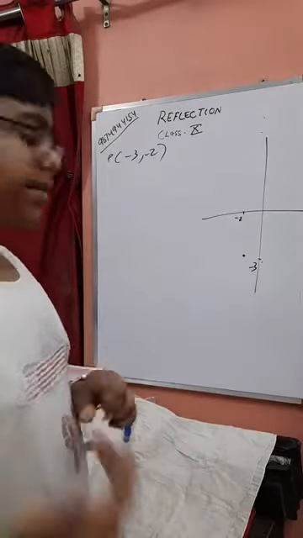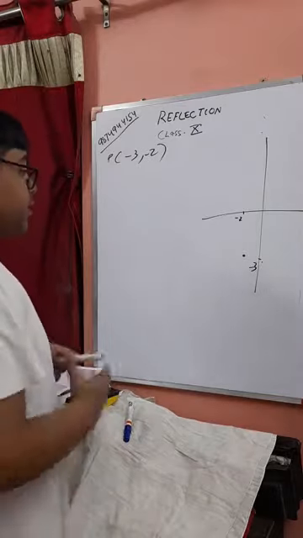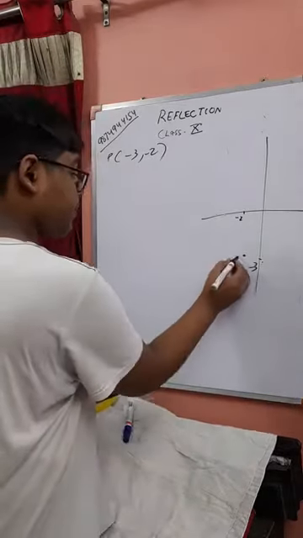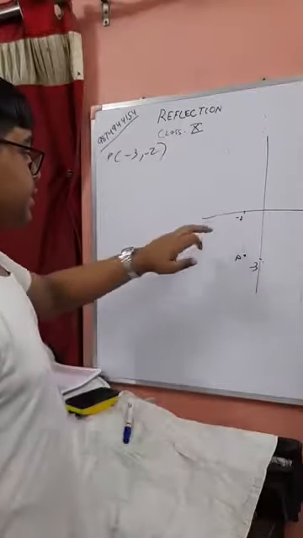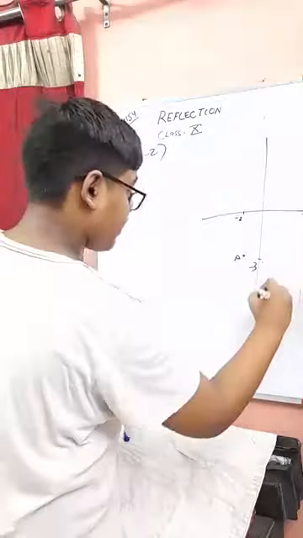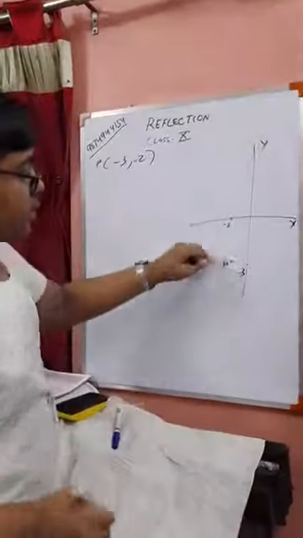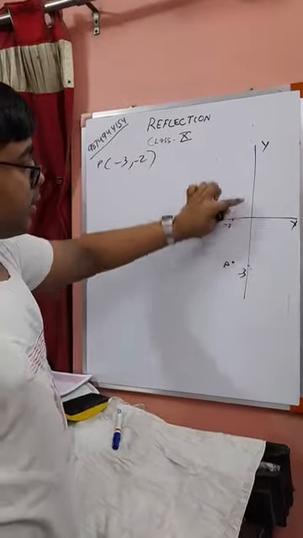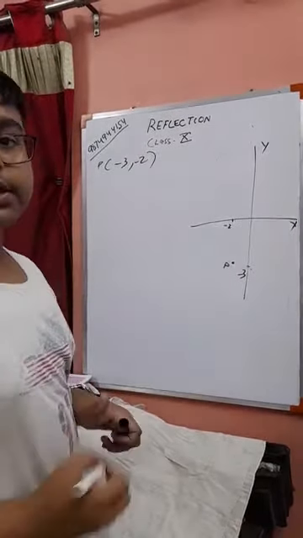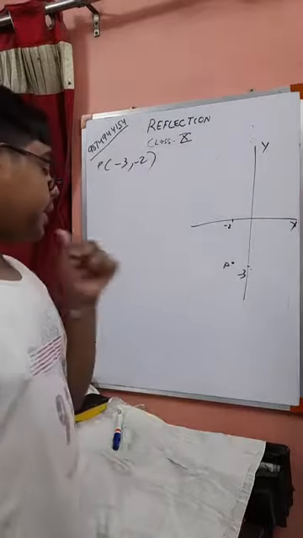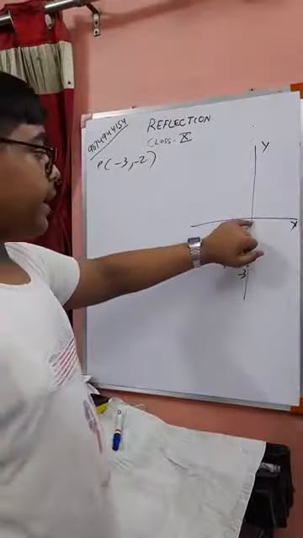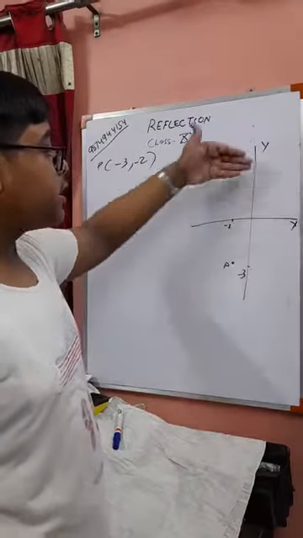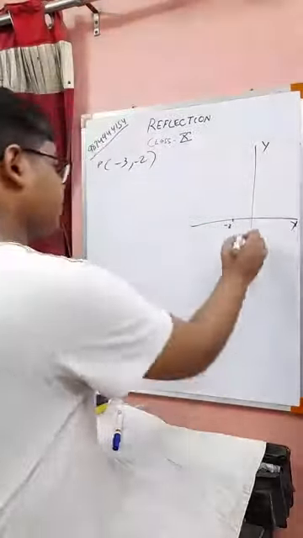Find the coordinates of P dash and P double dash. Now P dash is reflected in the x-axis. Therefore P is this point, which is reflected in the x-axis. This is the x-axis, this is the y-axis. Now this is the difference between the x-axis, which is the plane mirror for this, and the point itself. Therefore that is 3 units. We should put the point P 3 units above the mirror.